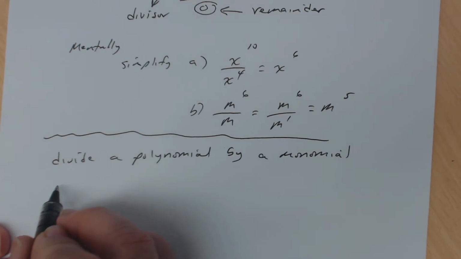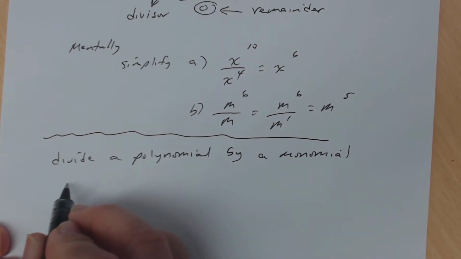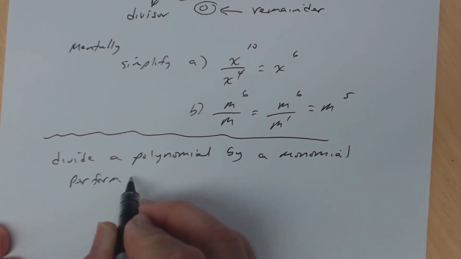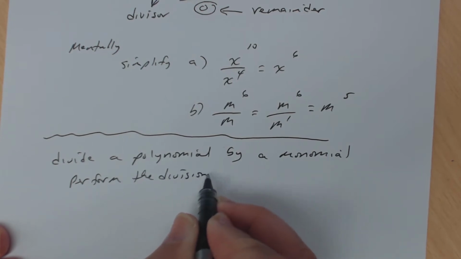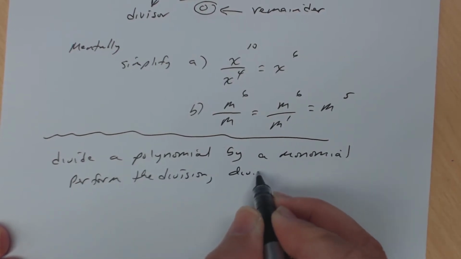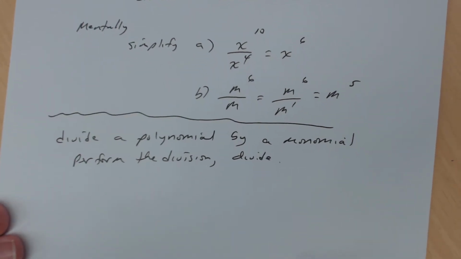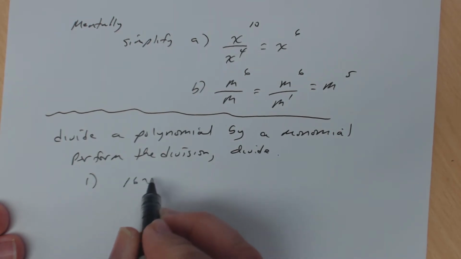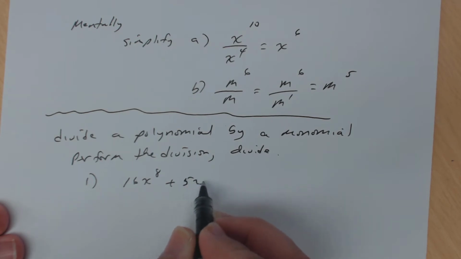For example, the directions could be something like perform the division. That's what my math lab will probably say. It could just say divide. Okay, something like that.